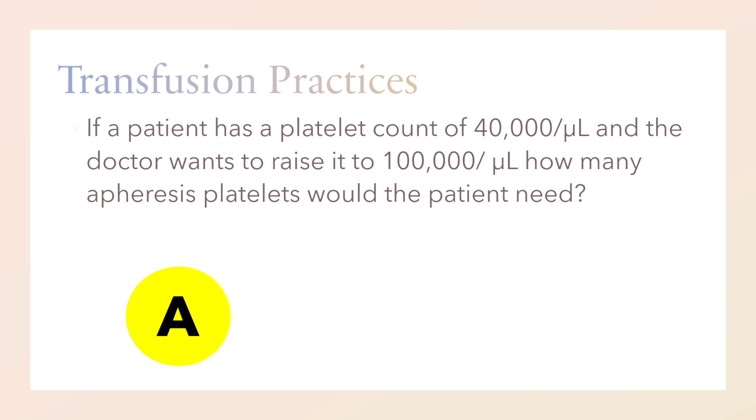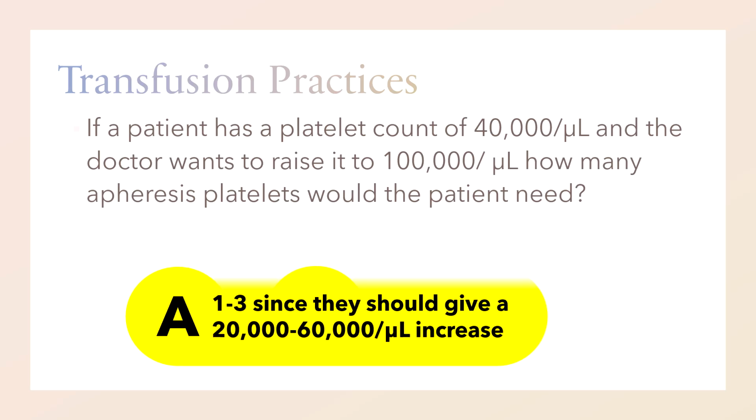If a patient has a platelet count of 40,000 per microliter and the doctor wants to raise it to 100,000 per microliter, how many apheresis platelets would the patient need? 1 to 3, since each should give a 20,000 to 60,000 per microliter increase.